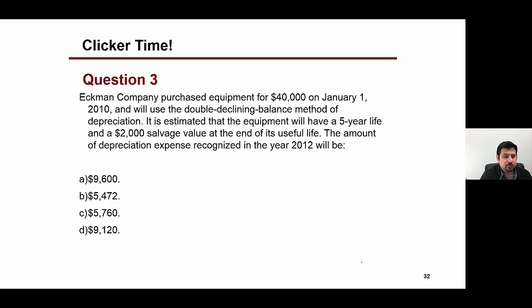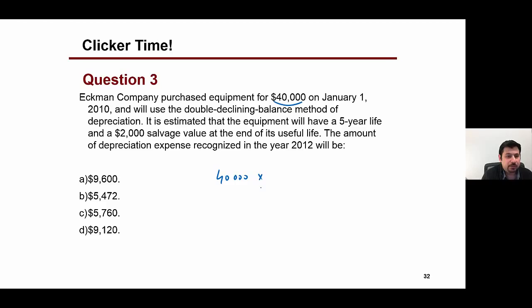So here we need to more or less create the table or the schedule, basically the depreciation schedule. The cost is 40,000. Remember, with the declining balance, we use the cost and not the depreciable cost. So here we use 40,000.